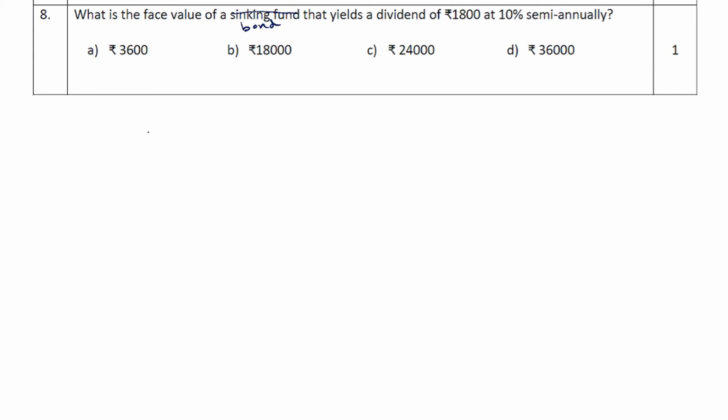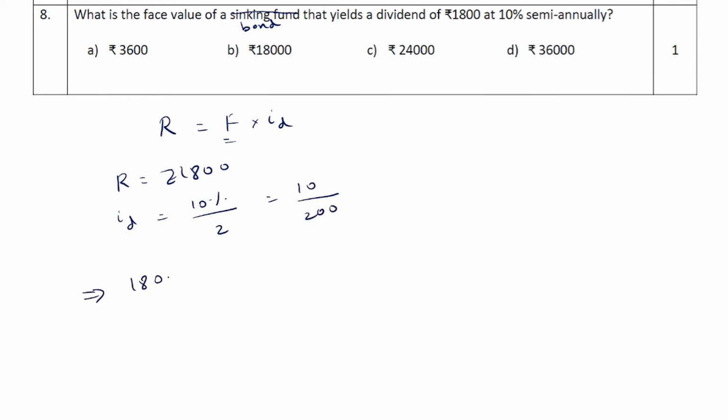So we know the formula for the periodic dividend payment. It is given by R is equal to F into i, where F is the face value. The periodic dividend payment is given as rupees 1800 and the interest rate is 10% compounded semi-annually, so it is 10% divided by 2.